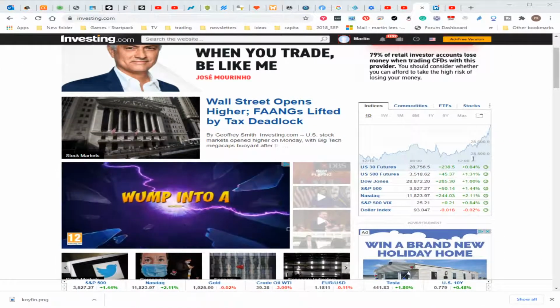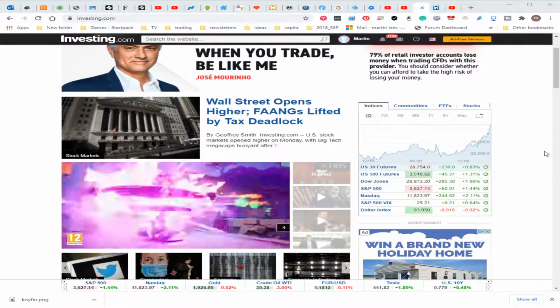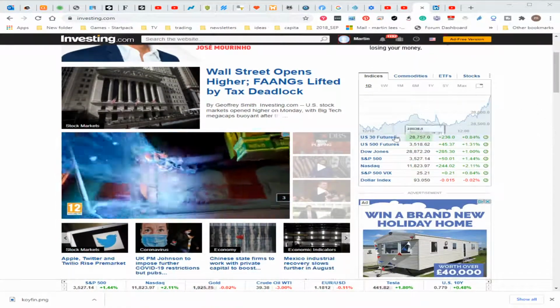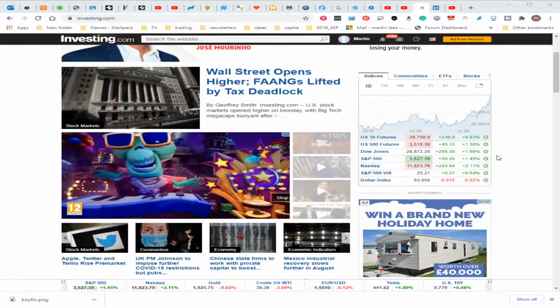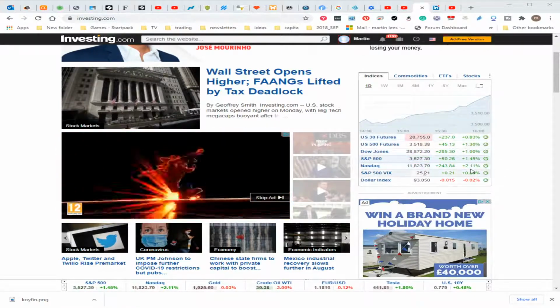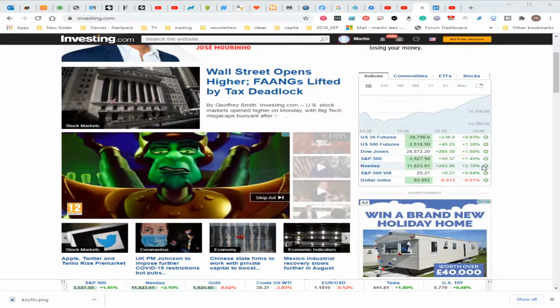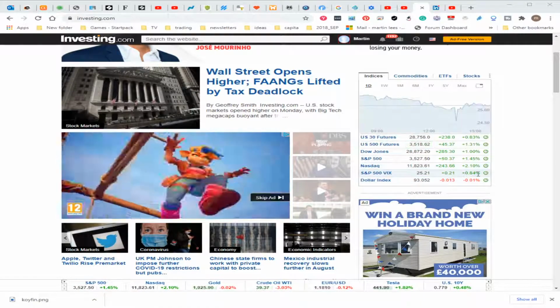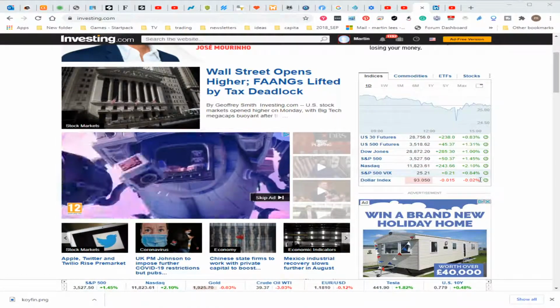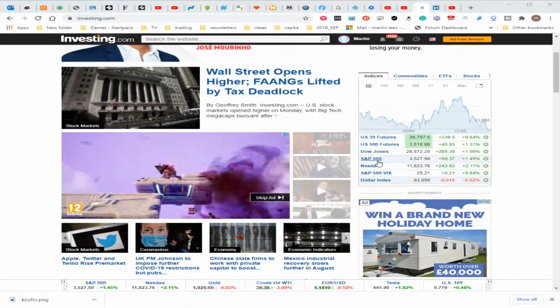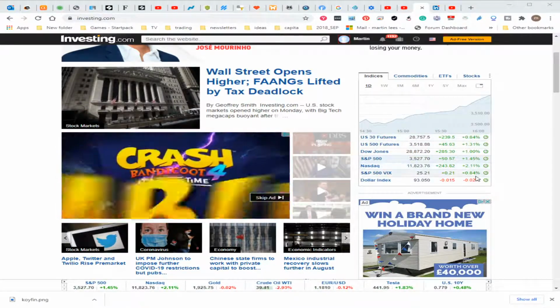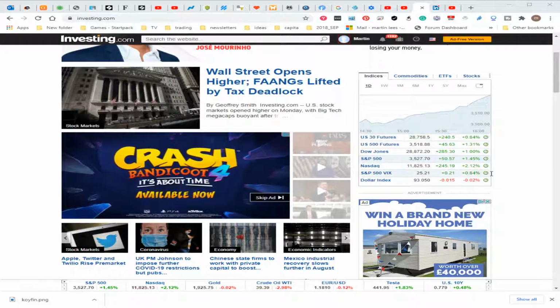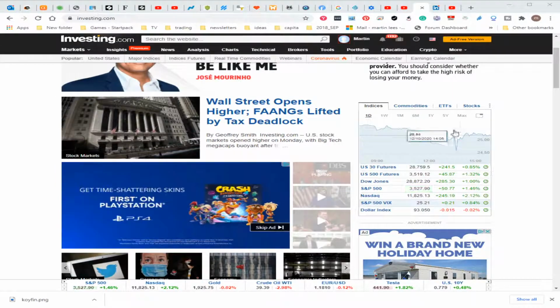What I like is that this condenses what's going on in the market. You can see it at a glance. Nasdaq doing well, volatility increasing a little bit, the dollar decreasing, the rest of the items in positive.